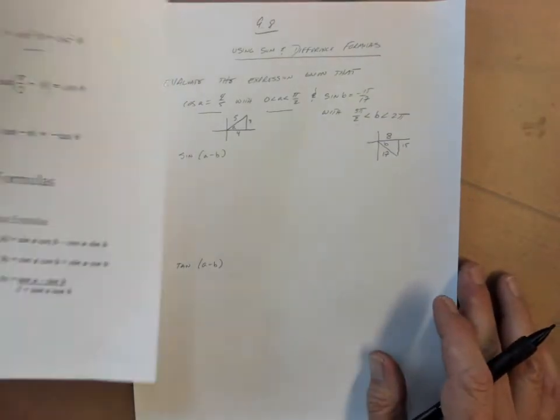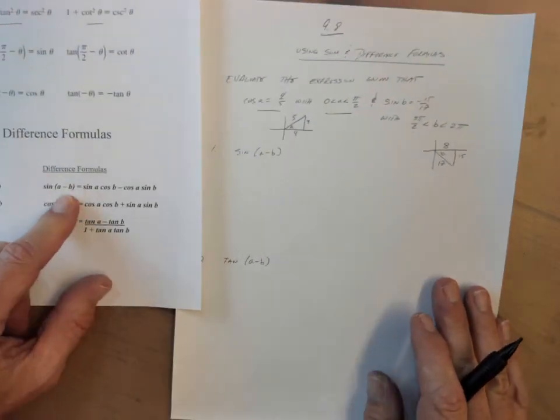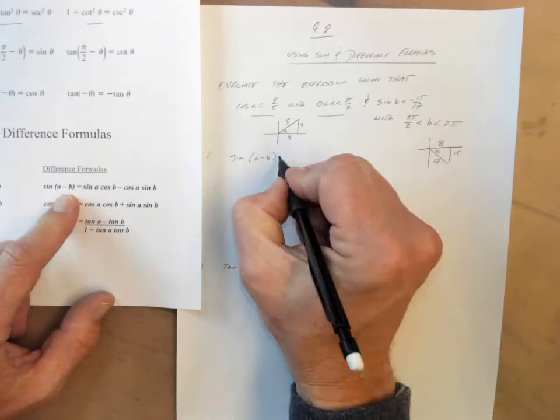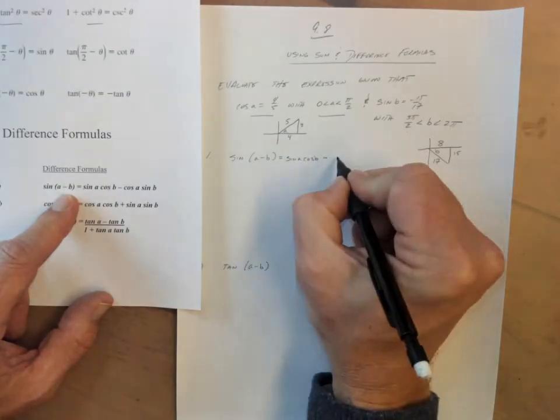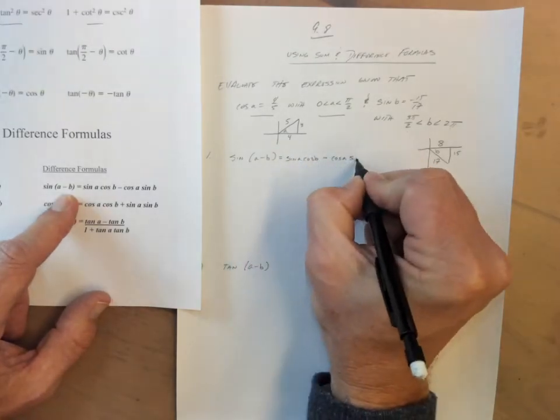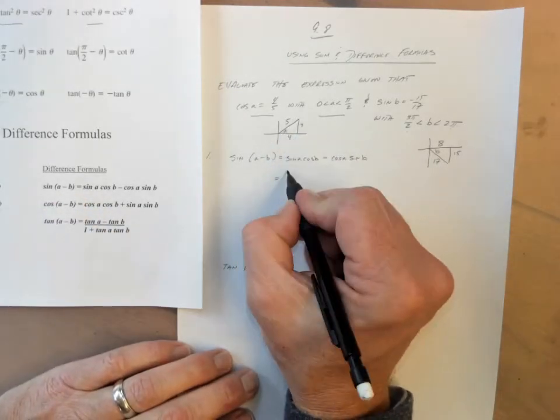Okay, so again, we're going right back here. We're going to use this difference formula. So I'll write it out: that equals sine A cosine B minus cosine A sine B. Okay, so sine of A, opposite over hypotenuse.